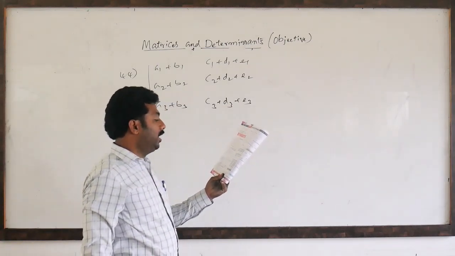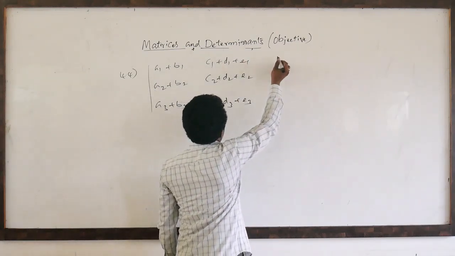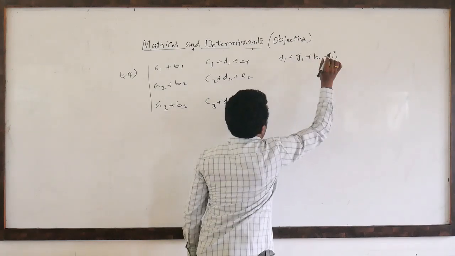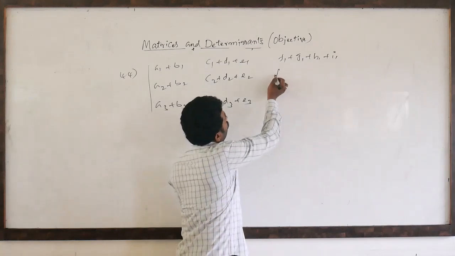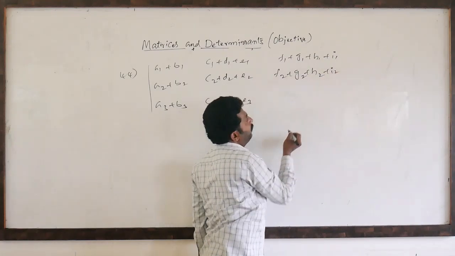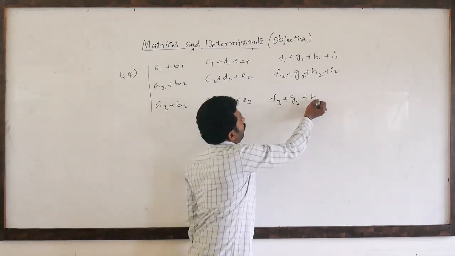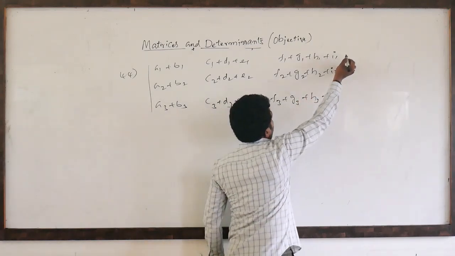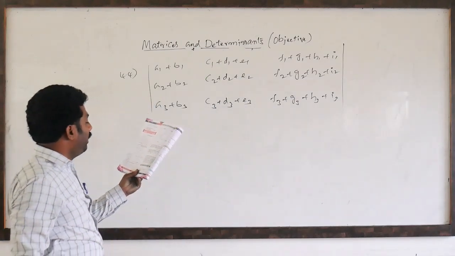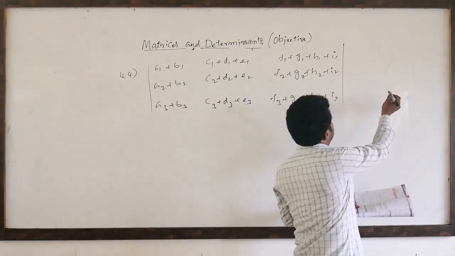Each element of the third column consists of four terms: f1, g1, h1, i1, and so on. Then it can be decomposed into n determinants. The value of n is asked.